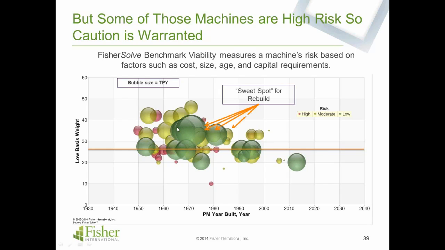So if I were to look at this and say, okay, if I want to try to forecast or predict which of these machines would really be good logical candidates for rebuilds, maybe some of these ones that I've highlighted here would be in the sweet spot, if you will, for rebuild. They're low or moderate risk machines, relatively newer machines, so maybe those would be ones that we would look to and predict that they would be most likely to be rebuilt.